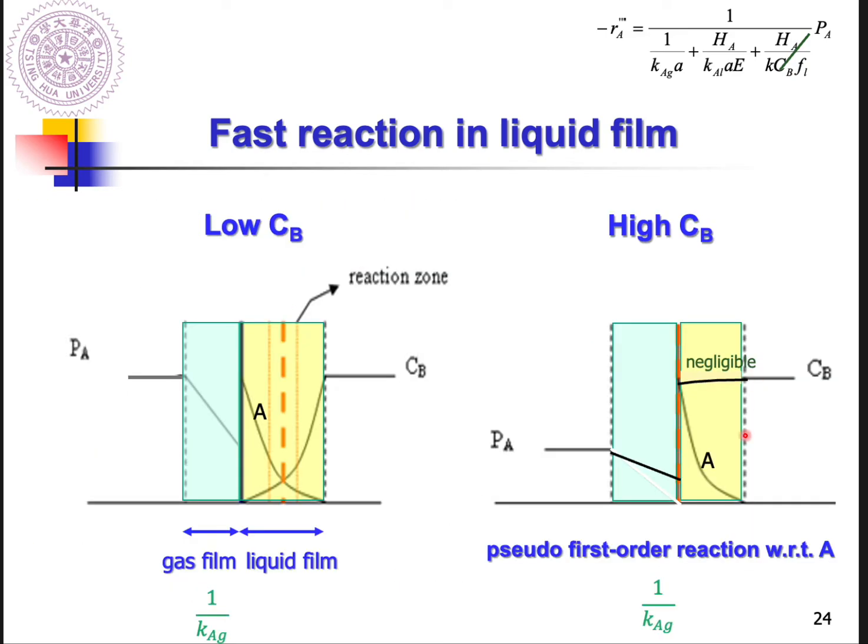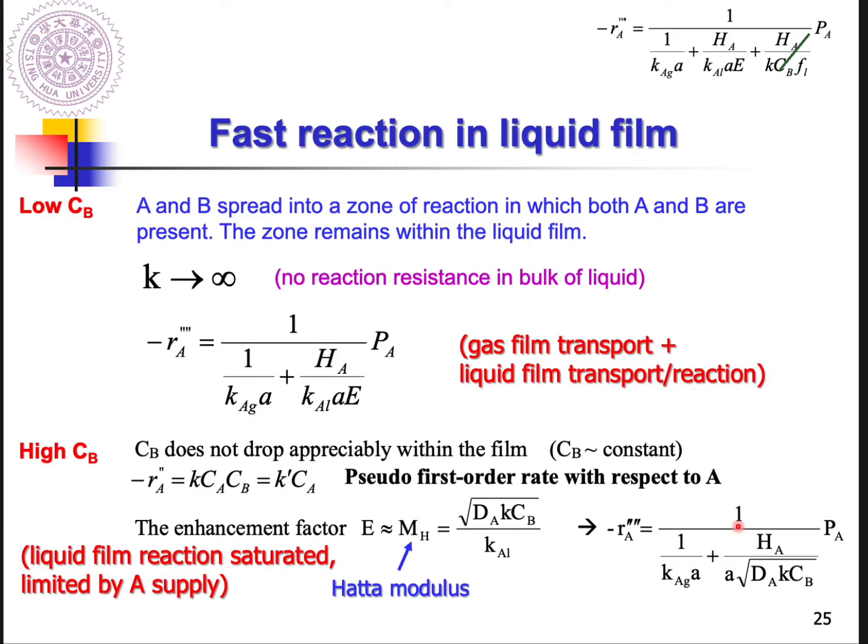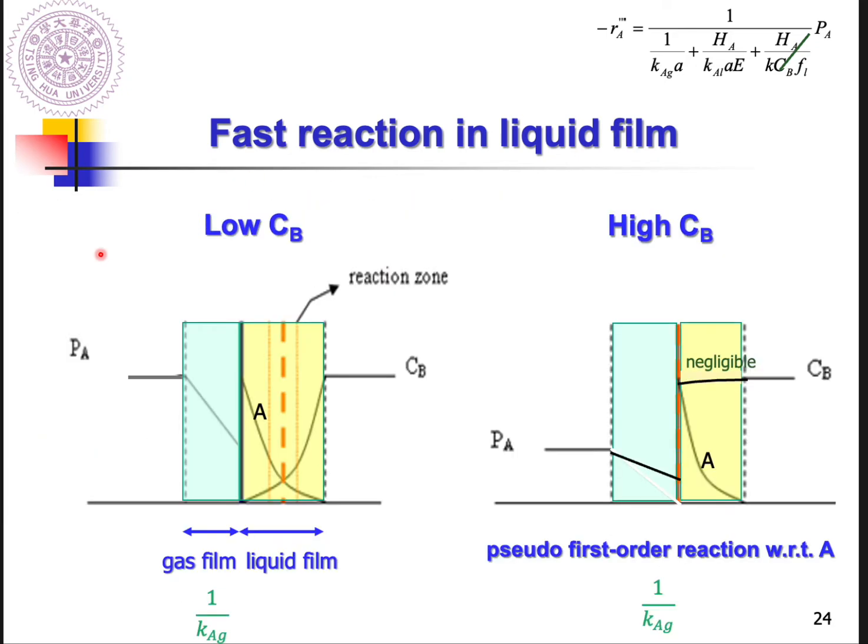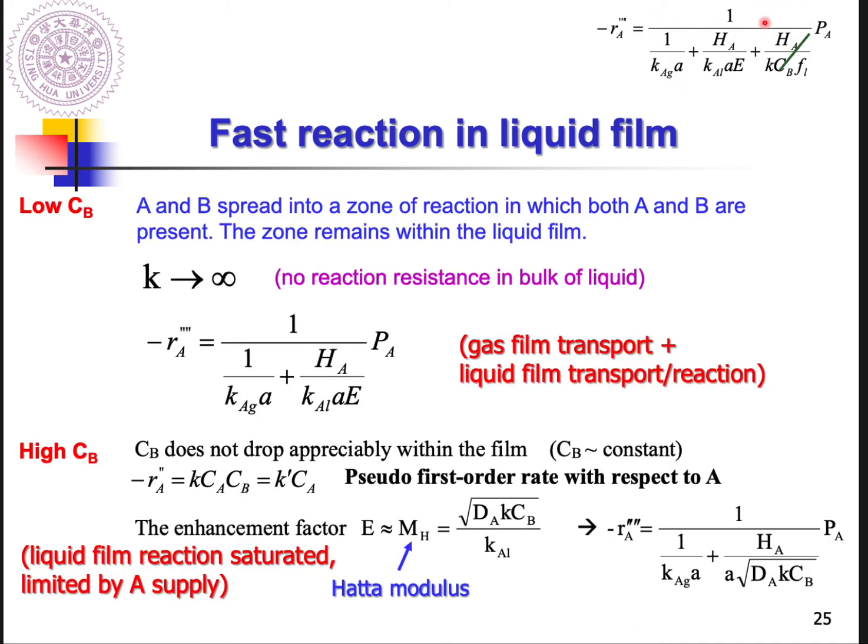So some people will call this situation a pseudo first order reaction with respect to A. Why do people call it that? We will explain that in this slide. For the low CB case, because we don't have chemical reaction happening in the bulk liquid, we drop this term out and just copy the rest of the part here.